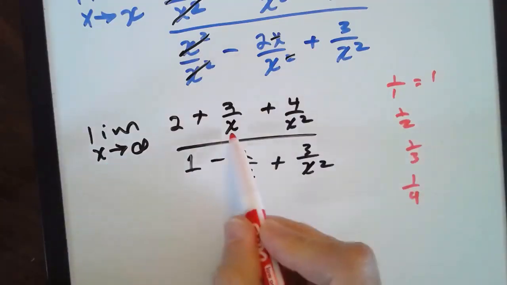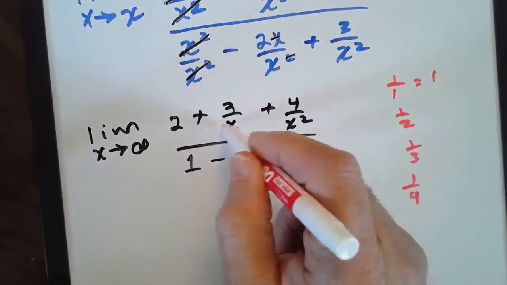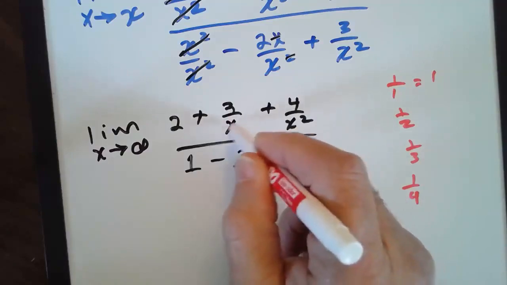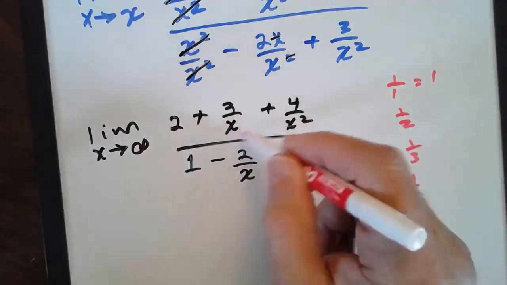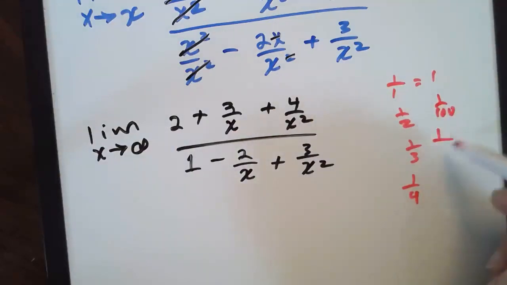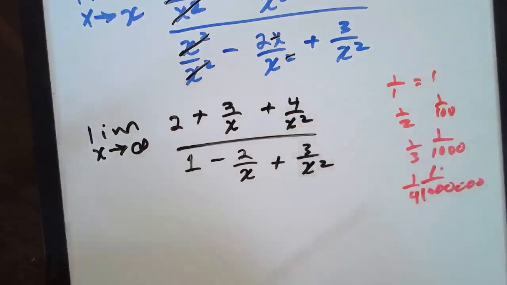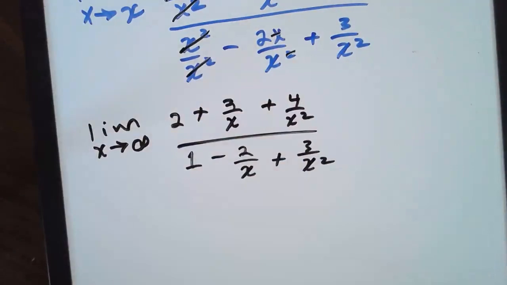As you tend towards infinity, the numbers in the denominator get larger, like 1 over 100, 1 over 1,000, 1 over 1,000,000, and so on. The fraction gets smaller and smaller, and it tends towards 0.